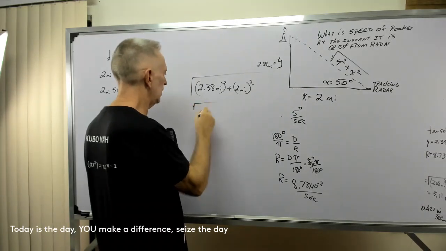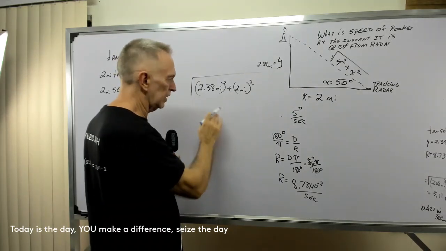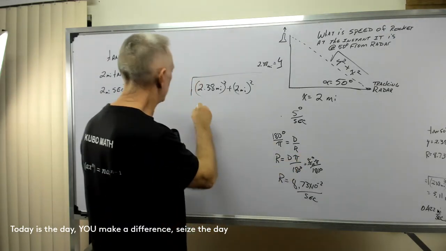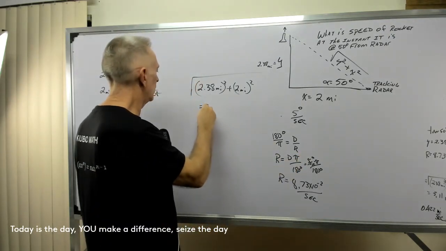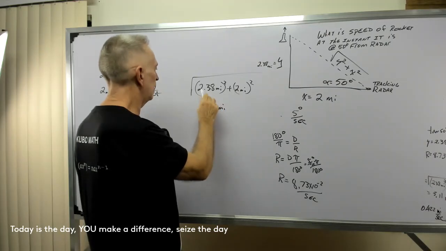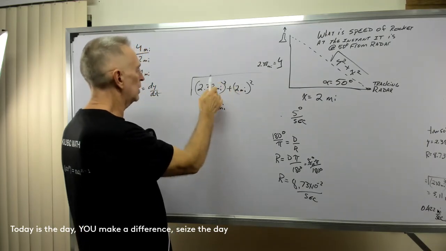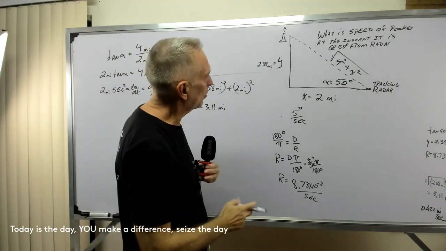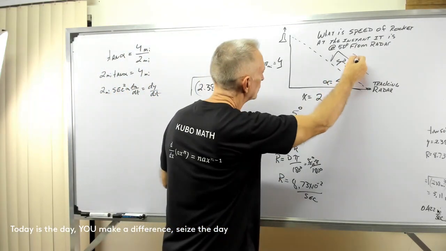So if I go ahead and do that, that equals 3.11 miles. So I have miles squared plus miles squared. The square root of miles squared would be miles. So 3.11 miles.